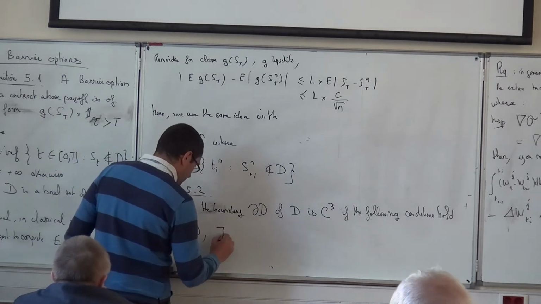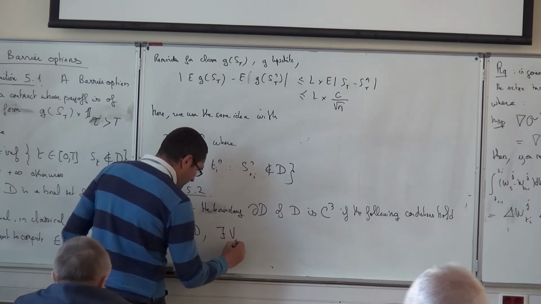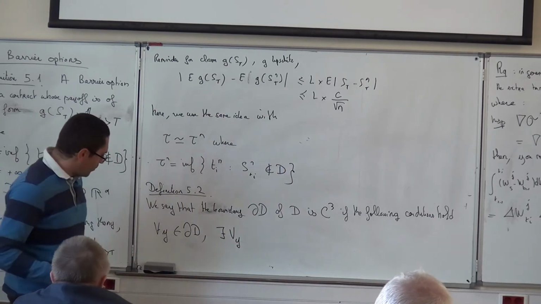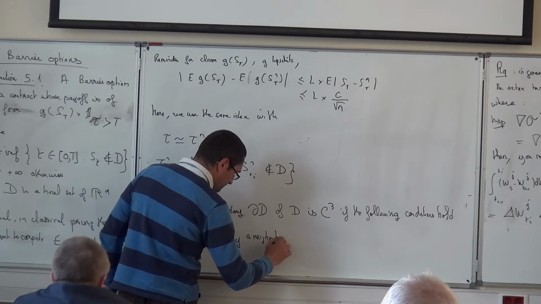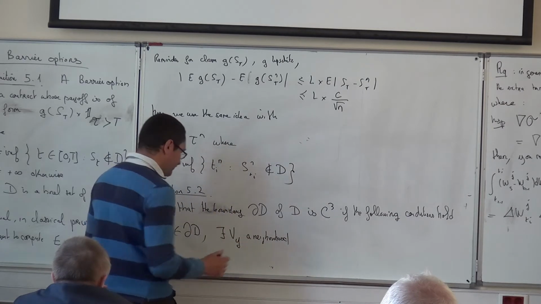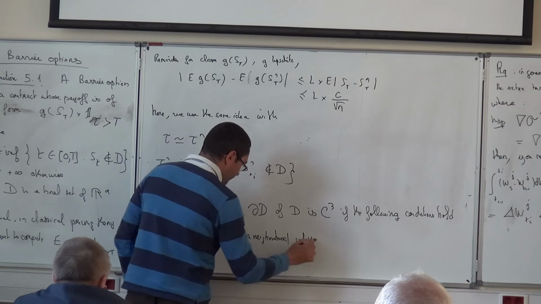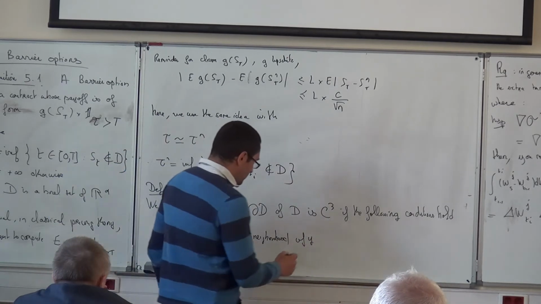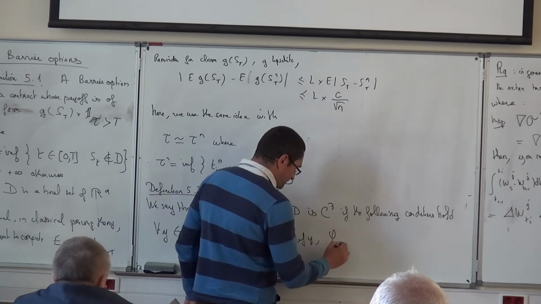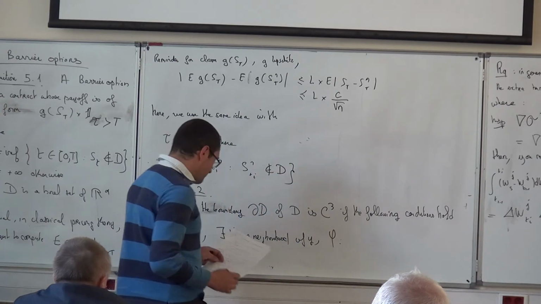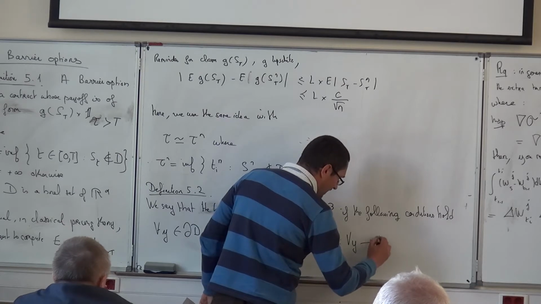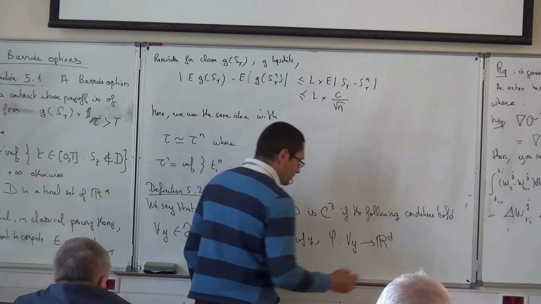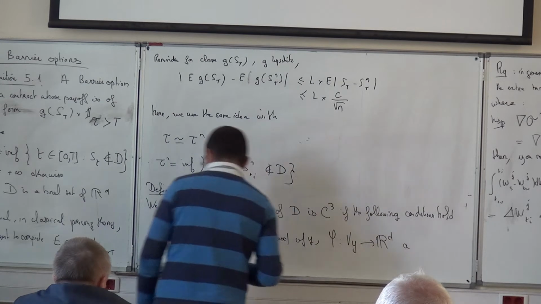there exists a neighborhood Vy of y, and a map phi from Vy into Rd, which is a diffeomorphism.